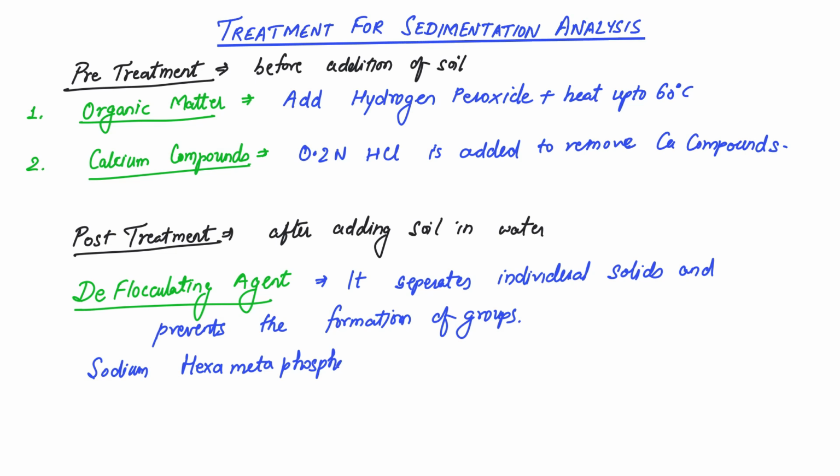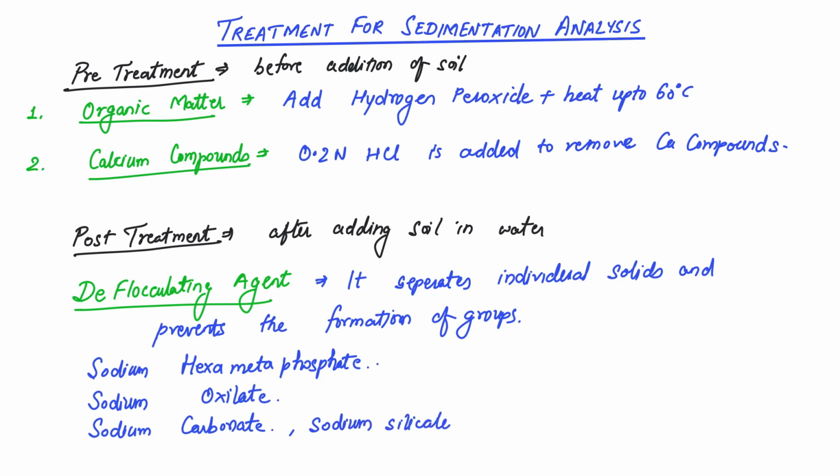This is one chemical that can be added, whereas you can also add sodium oxalate, or sodium carbonate, or sodium silicate. You should also know that this first compound is sometimes popularly known as Calgon. This can be an objective question for your examination, asking what chemical is added for deflocculation, so you should remember the names of these chemicals.